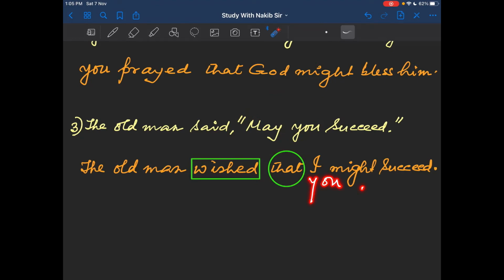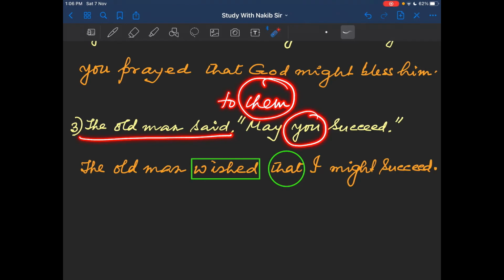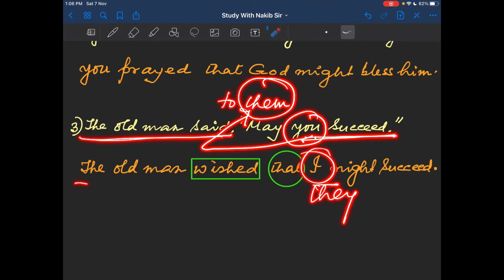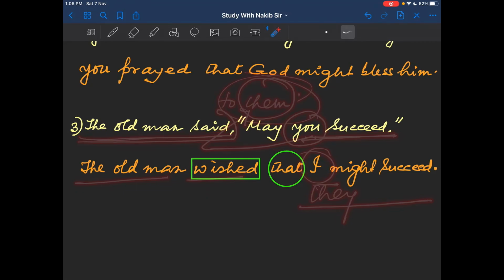If you think the old man said this to them, which is the third person, the second person pronoun of the reported speech will be changed according to the number and person of the object of the reporting speech. So in that case it will become "they." So the answer will be, the old man wished that they might succeed, if it is supposed that the old man said this to them.